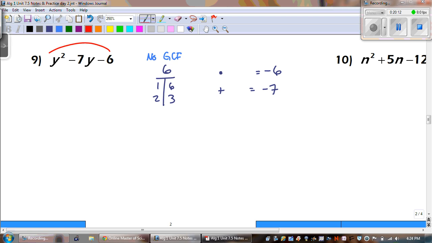Well, I know the only way to get to negative 7 is negative 1 and negative 6. But when we come up to the top, that gives us a positive 6. Okay, so you remember, you gotta show your work when it can't be factored.